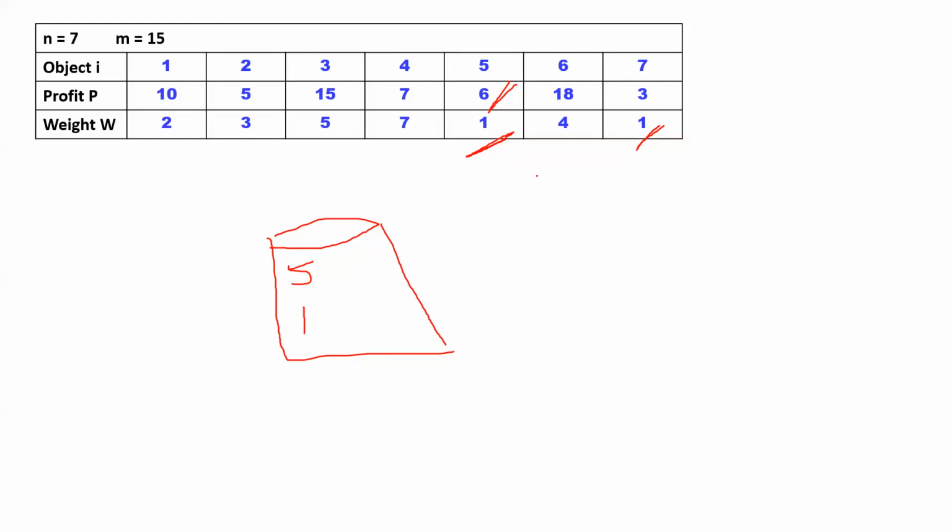These two solutions I have just discussed, putting the items with the most profit into the bag and fitting more objects into the bag, are both feasible solutions, because both satisfy the constraints, but they may not be optimal.